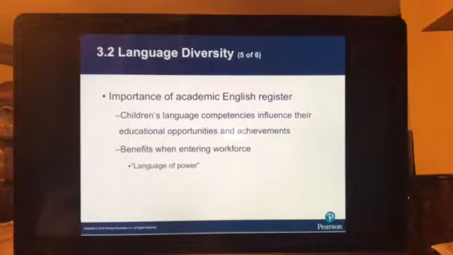The benefits of entering a workforce, such as creating a strong resume, come from a sense of an academic English register. We know that language is power, and if we can articulate and express ourselves well, then this positions us in a position of power, in the sense of knowledge being power.